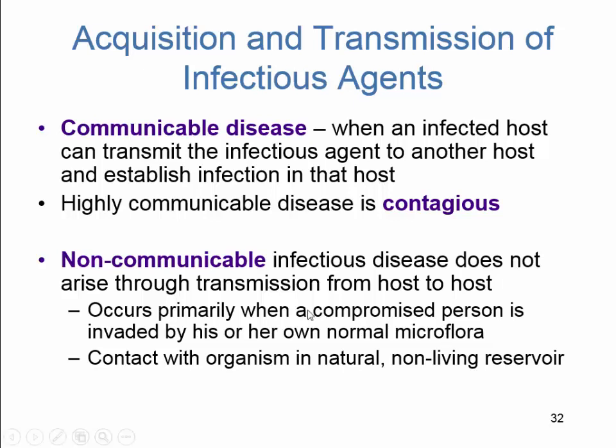An example is an immunocompromised person invaded by his or her own normal microbial flora. This is an example of an opportunistic infection that happens within the host.